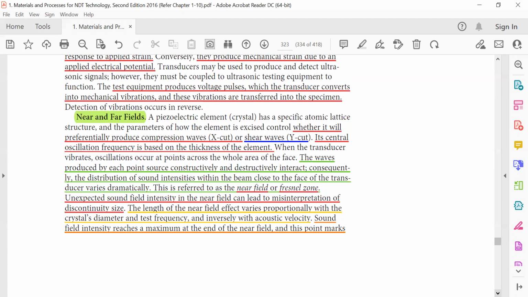A piezoelectric element has a specific atomic lattice structure, whether it will preferentially produce compression waves (X cut) or shear waves (Y cut). Its central oscillation frequency is based on the thickness of the element, that is v by 2T, where v is the velocity and T is the thickness. So that is the central oscillation frequency.